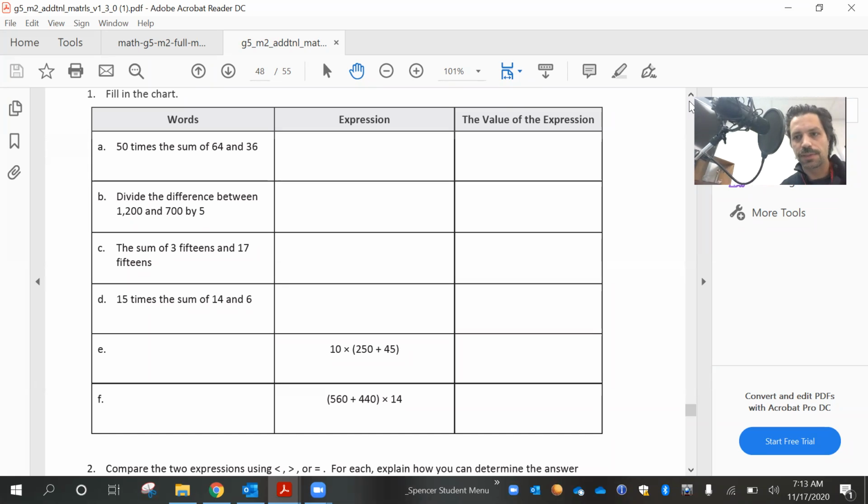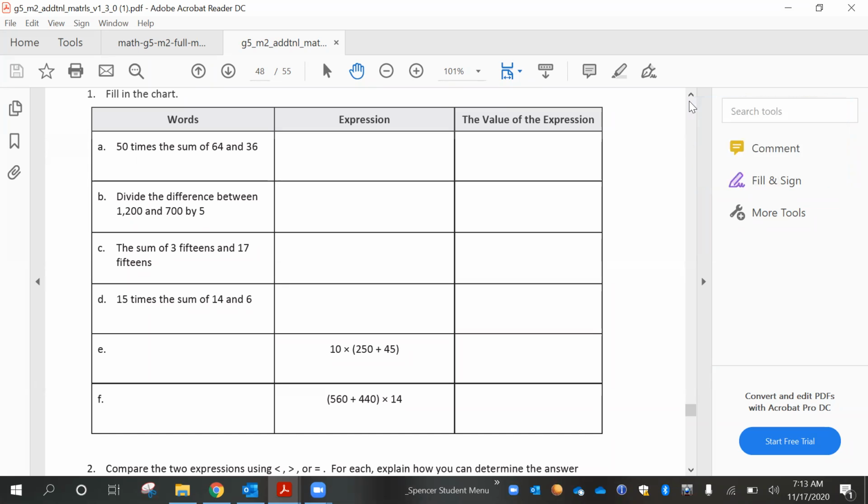Let me minimize myself so we can get into the lesson or the review. So this is part of your test that you're looking at right now. And tomorrow on Wednesday, you'll be taking an assessment to show us your skills on multi-digit multiplication expressions.